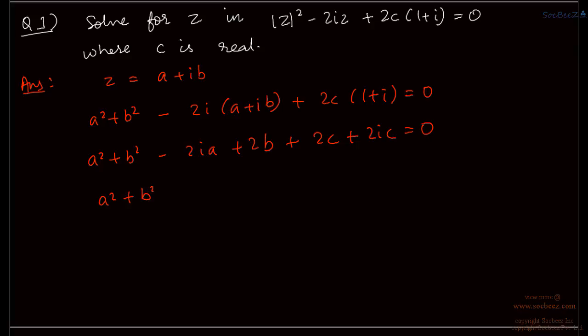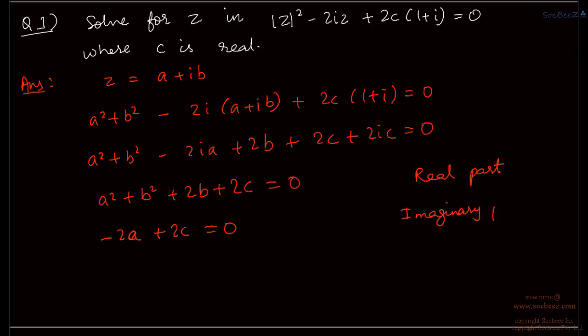So the first equation we get is a square plus b square plus 2b plus 2c equal to 0, and the imaginary part is minus 2a plus 2c is equal to 0. Right? Since the right hand side was 0 in this equation, we can write this way.